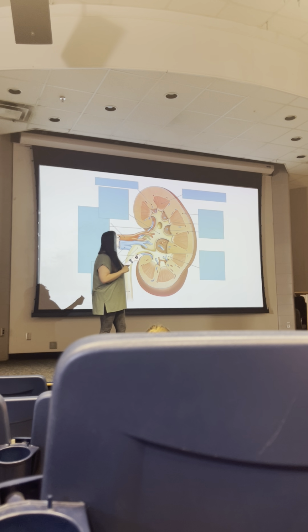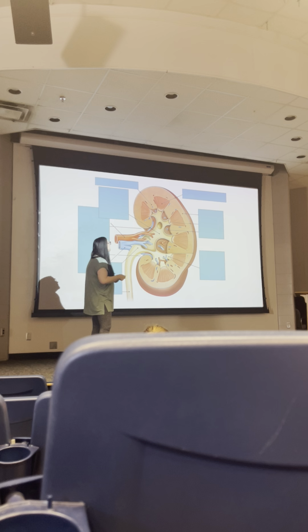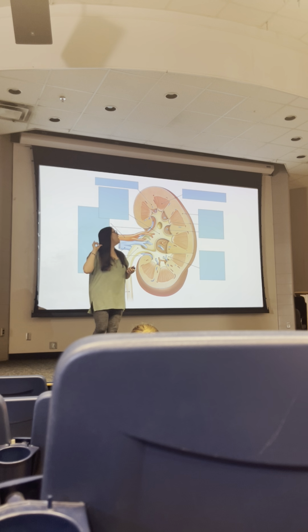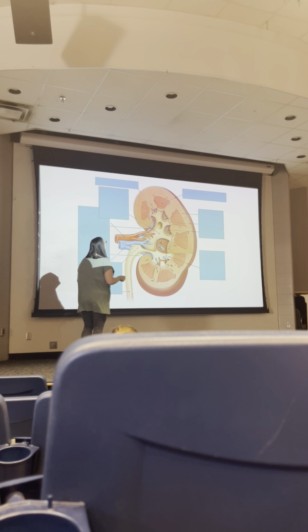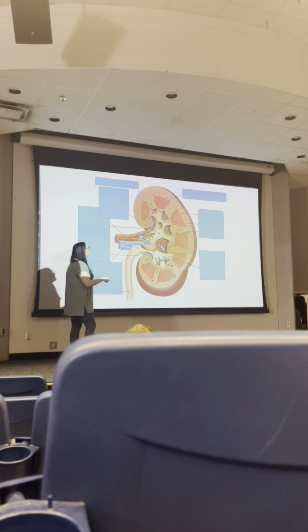So our renal corpuscles, the very beginning, the glomerulus and the Bowman's capsule, are all going to be in the cortex. Then, if we remember, there are some nephrons that usually are extensively in the cortex versus the medulla. So we definitely care about the cortex. Now when we go inside the medulla, what do we call these giant triangle wedges?